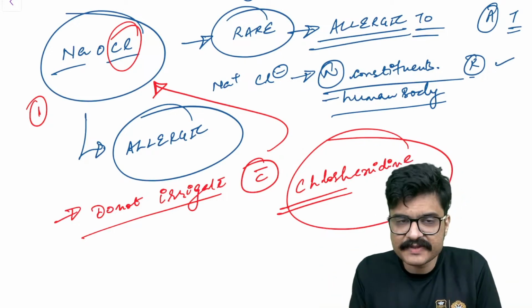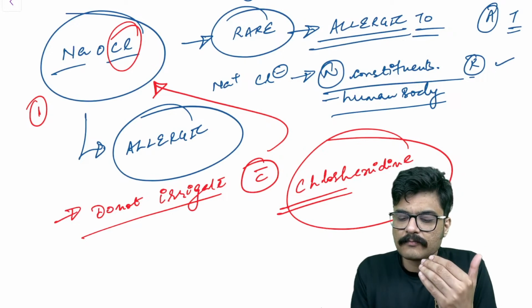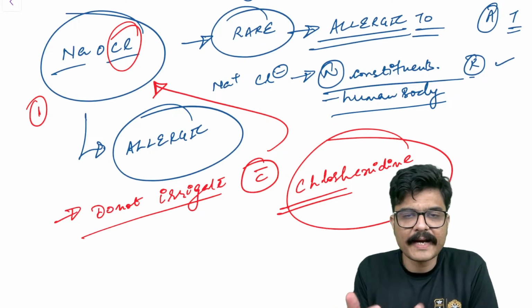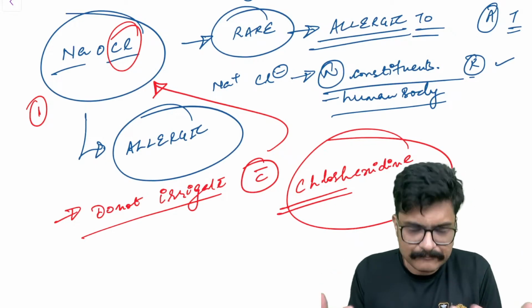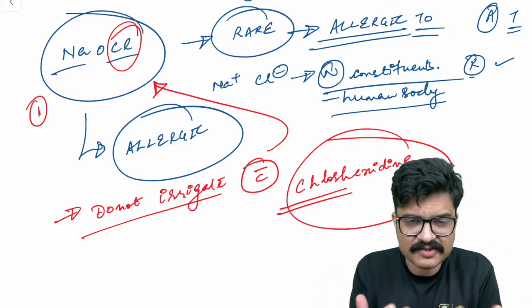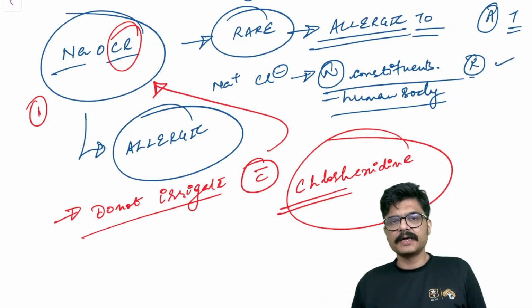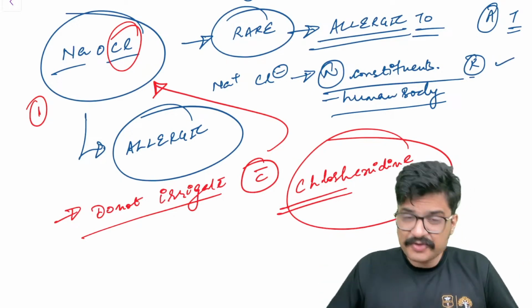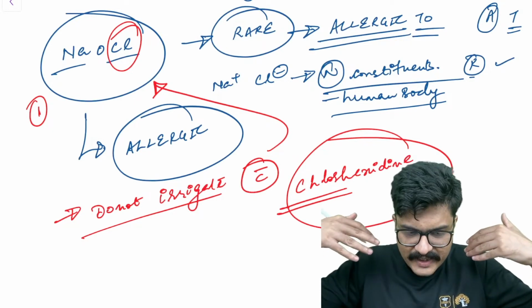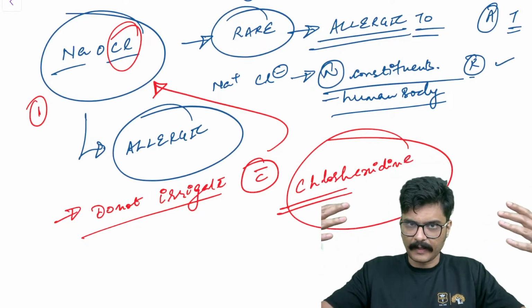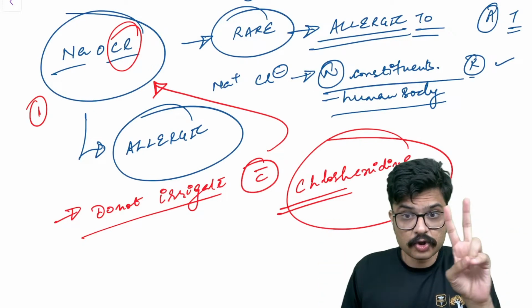Now, when sodium hypochlorite gets in contact with organic tissue, it starts to dissolve it. It causes proteolysis of the proteins and collagen of the organic tissue. Usually, it does its work and gets depleted in about 2 minutes.